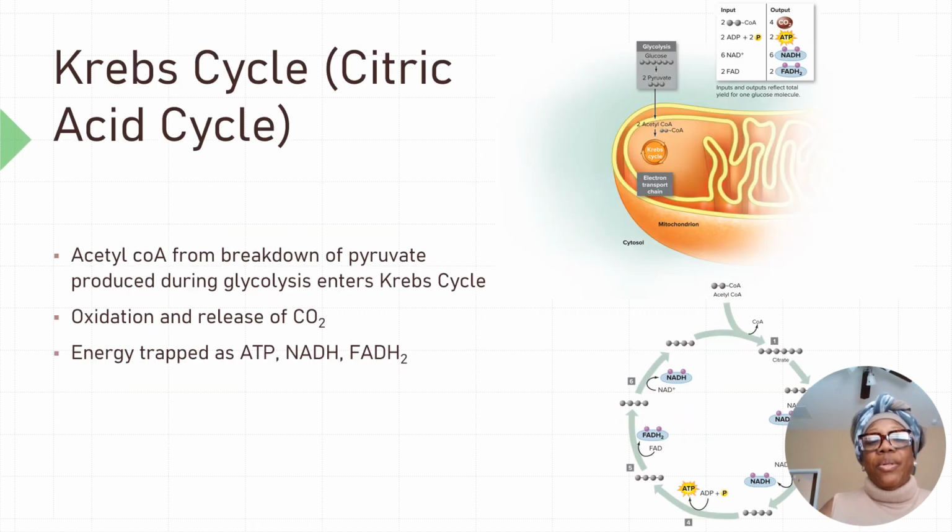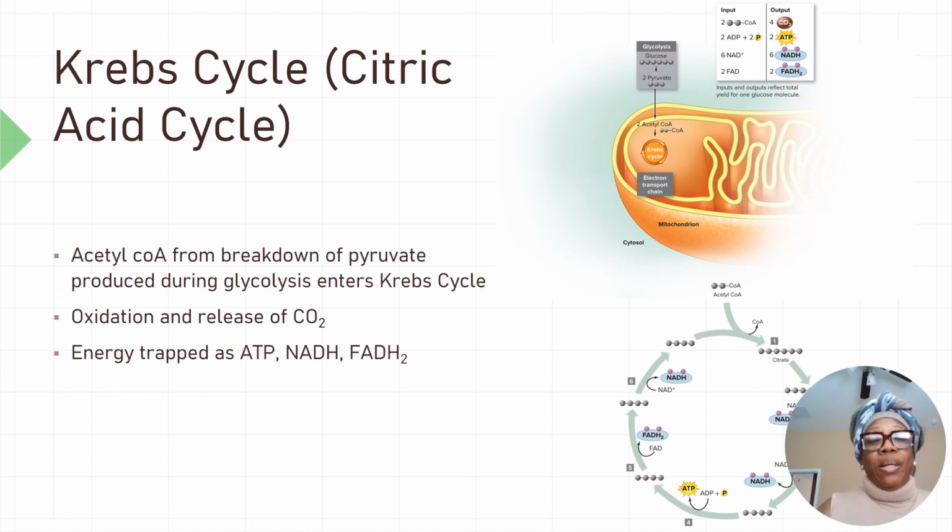So remember, after acetyl-CoA is produced as a result of glycolysis, breaking down the sugar and forming it into pyruvic acid or pyruvate, and now that pyruvate being converted into acetyl-CoA, the acetyl-CoA from the breakdown of pyruvate produced during glycolysis will now enter the Krebs cycle.